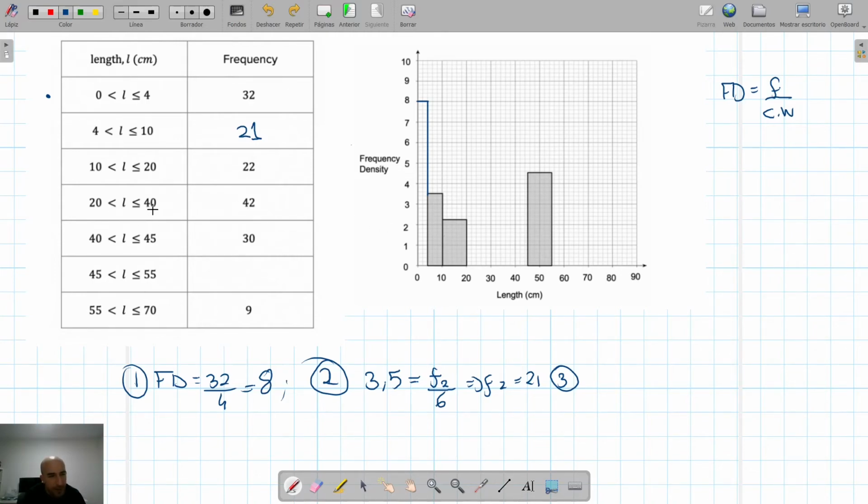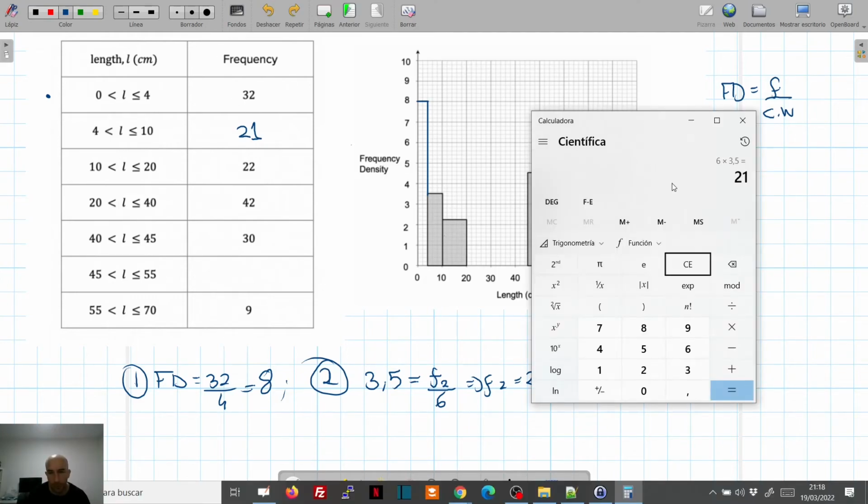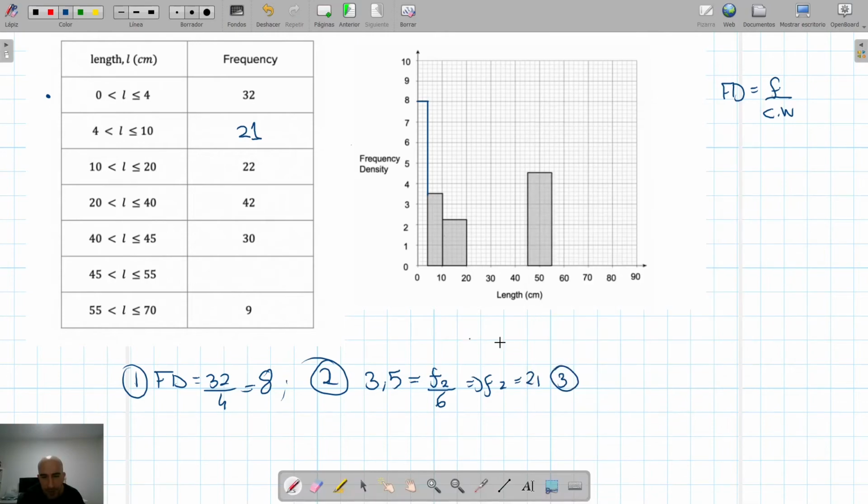The width is 20, so the frequency density is 42 divided by 20, which equals 2.1.